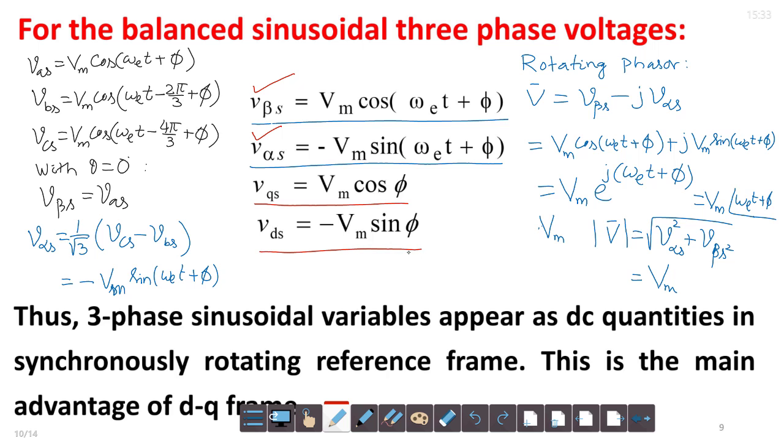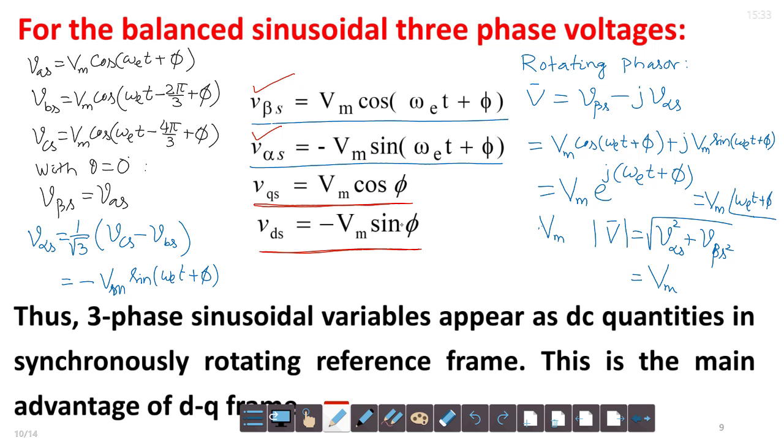So, what we see here, this qs ds is the synchronous rotating reference frame. The 3 phase voltages, when referred to the synchronous rotating reference frame, are represented by 2 components, and these are DC components, because phi is a constant angle.